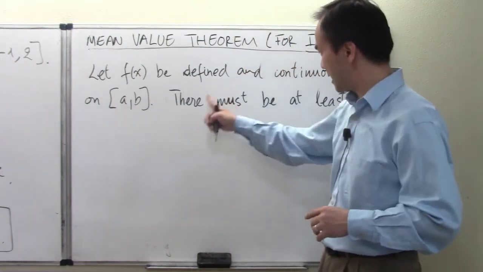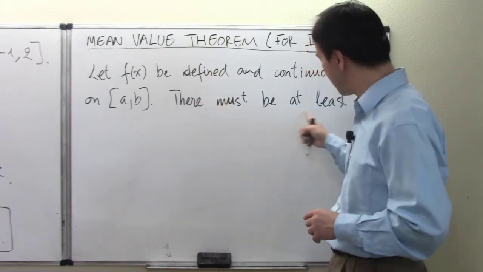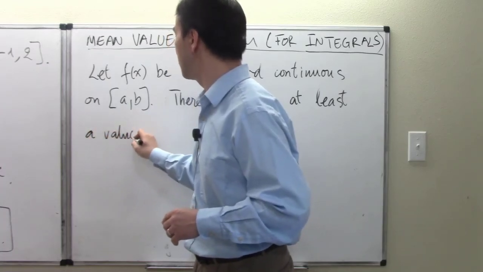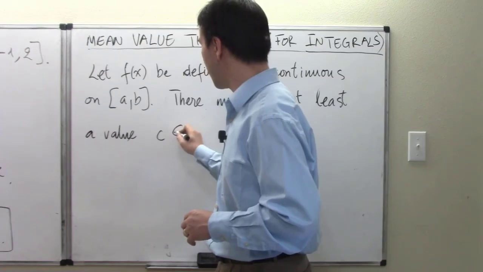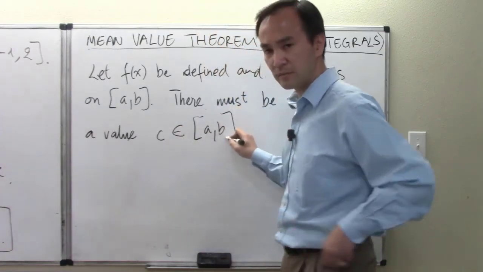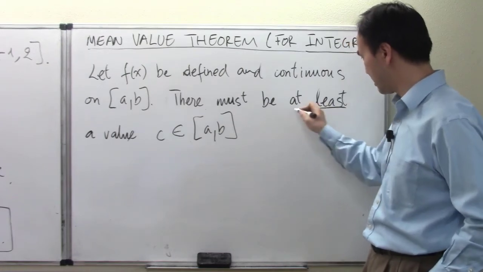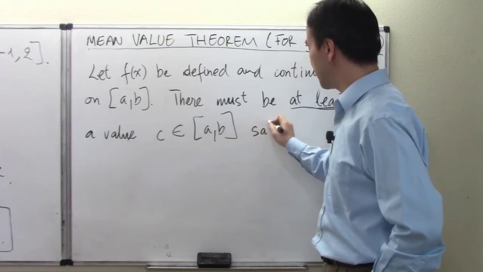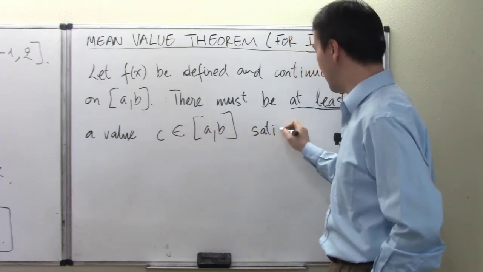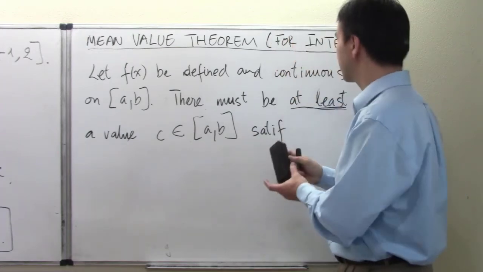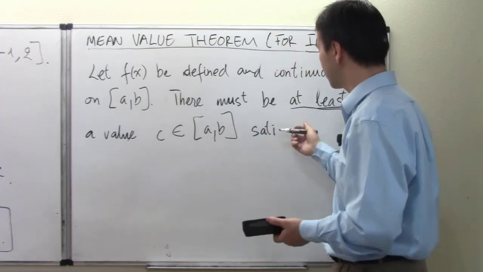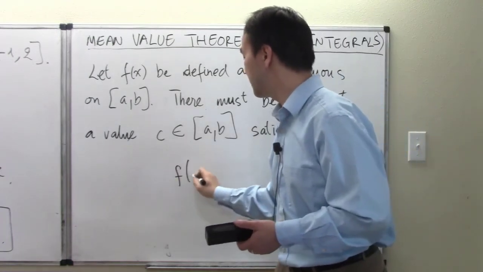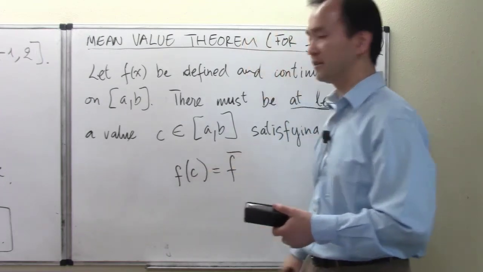According to the theorem, there must be at least a value C inside of that interval from A to B. What's important here is at least. At least a value C inside of that interval that is satisfying f of C equals the function average.